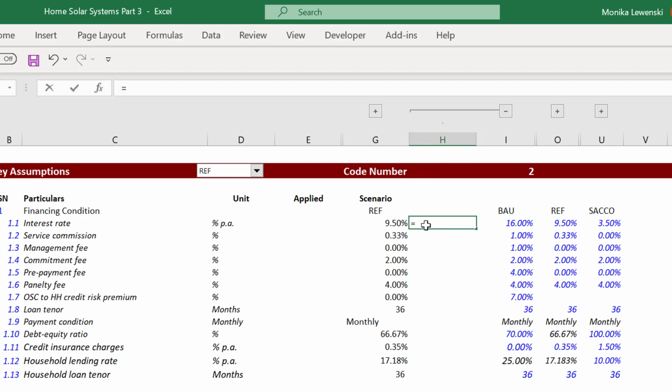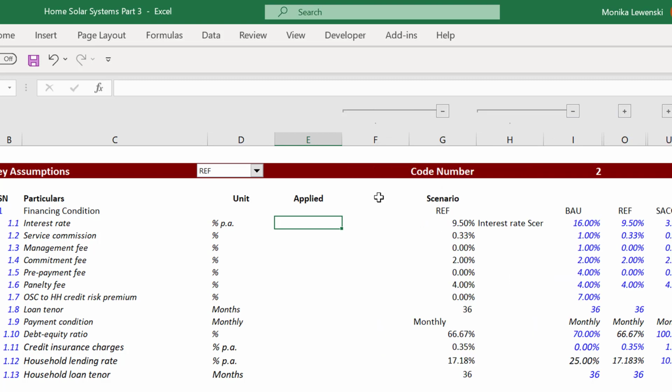And the range name is going to be the interest rate. And I'm going to put a little and sign and call this our scenario. Okay. And I'm going to put this one here, and I need to make my plus sign, excuse me.